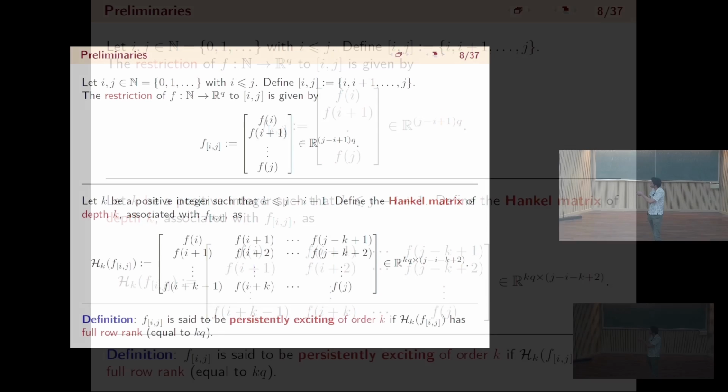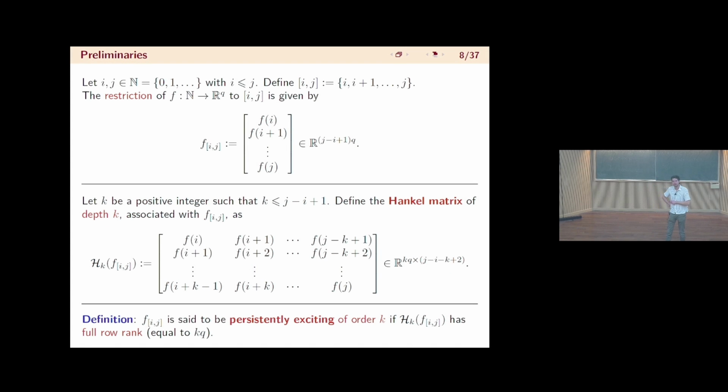So I say that Fij is persistently exciting of order k if this Hankel matrix, Hk of Fij, has full row rank, meaning rank equal to kq, again, because this Hankel matrix has exactly kq rows.